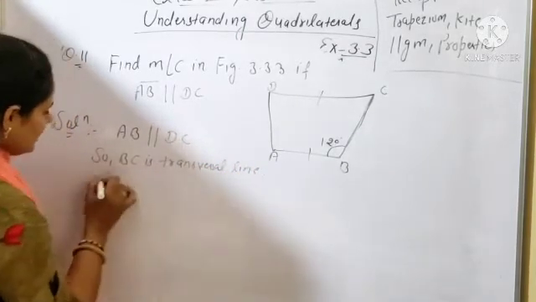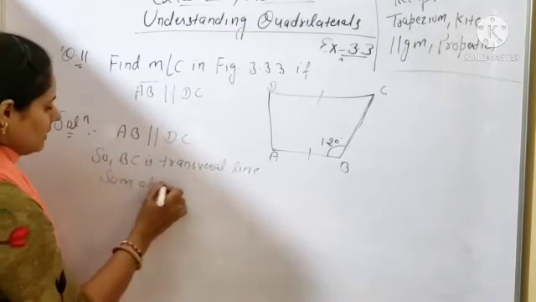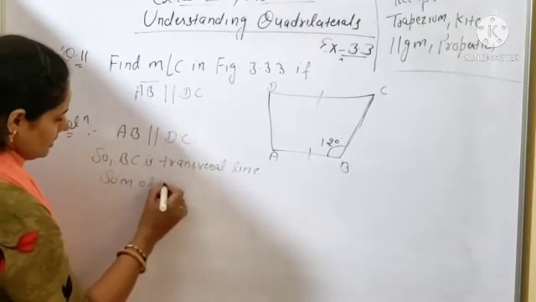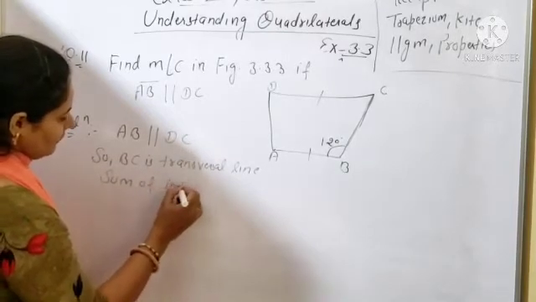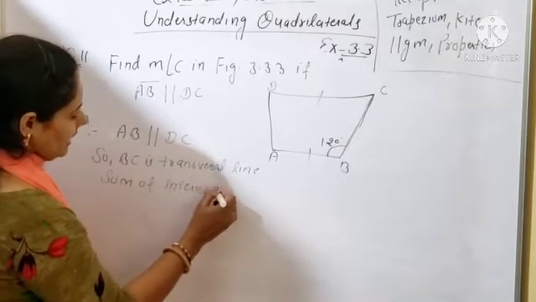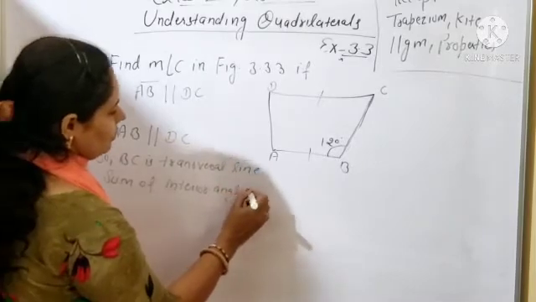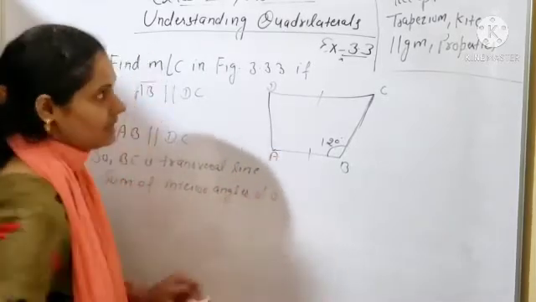So you can say sum of co-interior angles, sum of interior angles of one side of transversal.